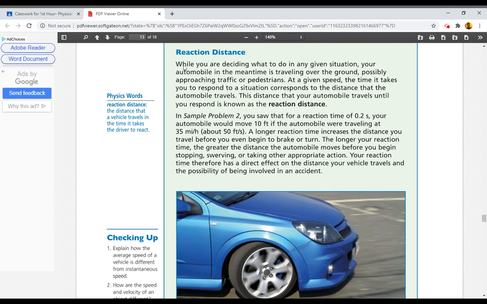At a given speed, the time it takes you to respond to a situation corresponds to the distance that the automobile travels. This distance that your automobile travels until you respond is known as the reaction distance.